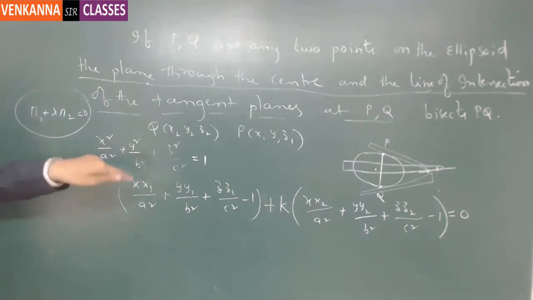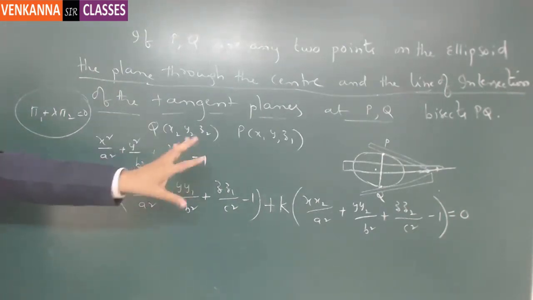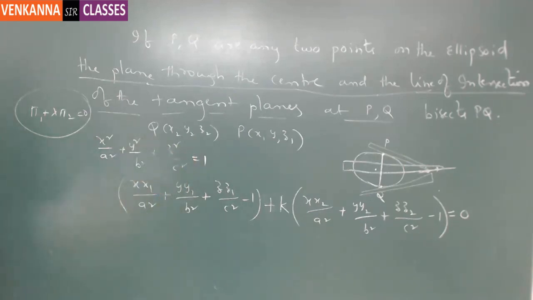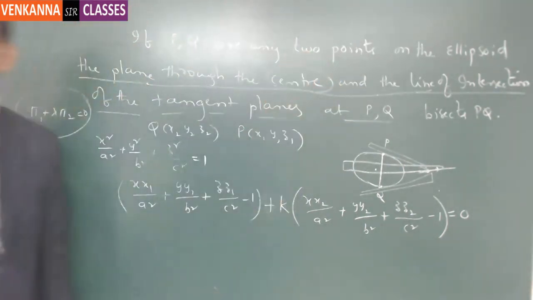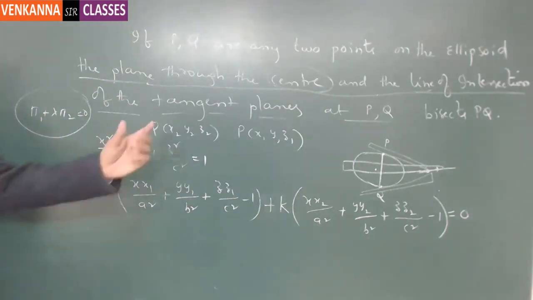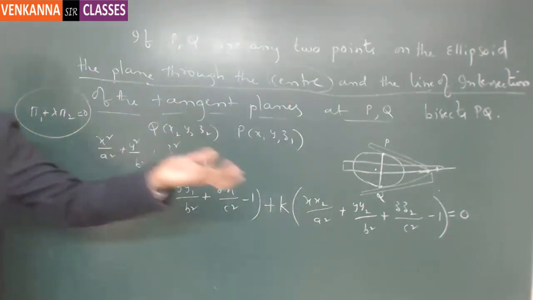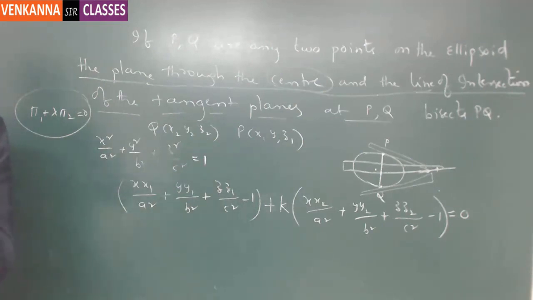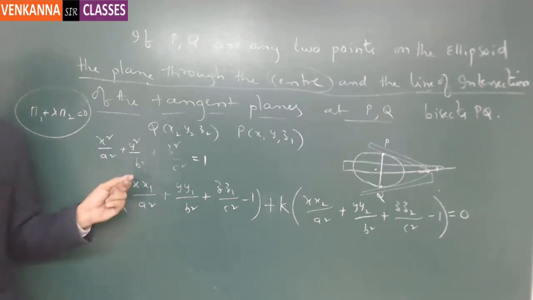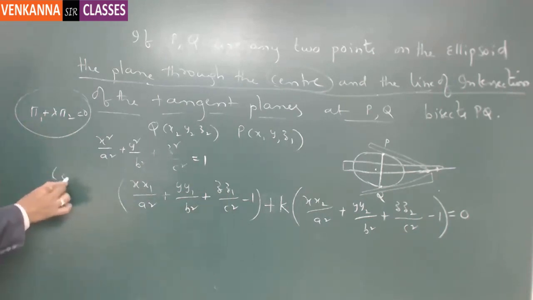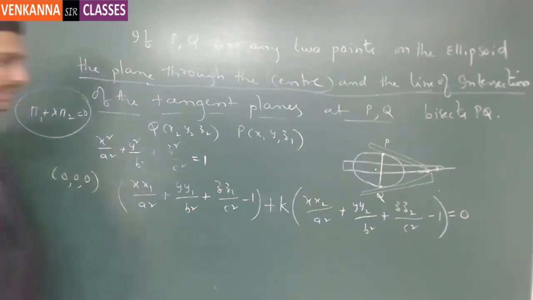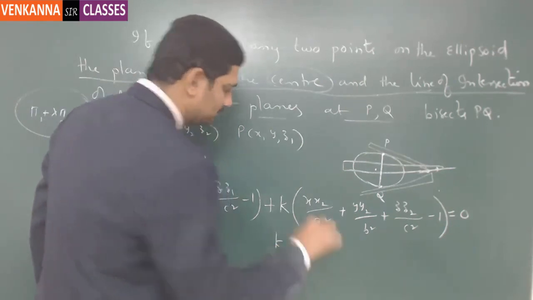So all I need to do is calculate the value of k. One more condition in the problem is the plane is passing through the center. So by default it is nothing but the origin. The ellipsoid is centered at the origin, 0, 0, 0. So in place of x, y, z here, if you substitute 0, 0, 0, you will get that k is equal to minus 1.